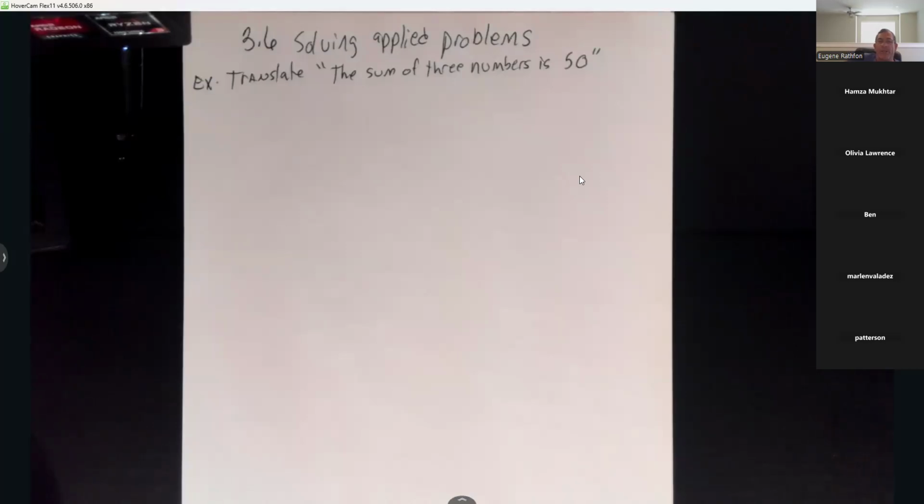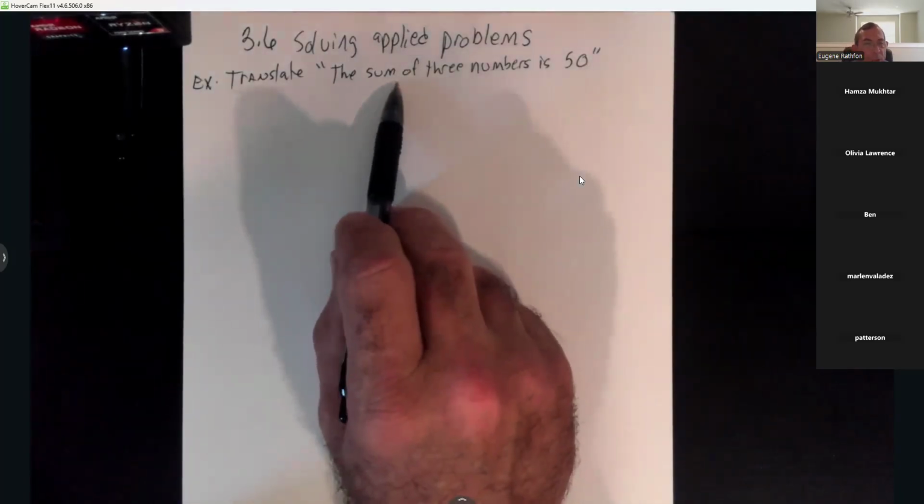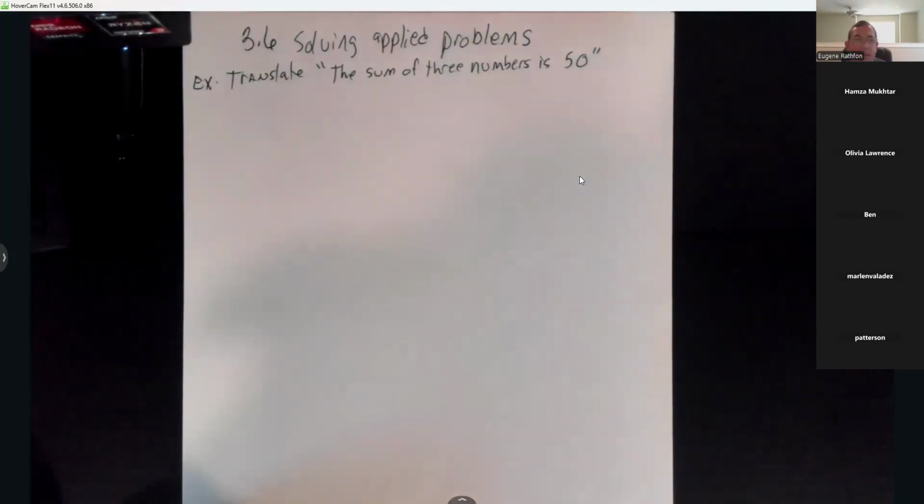Because remember, this is just a test to see if you can read math sentences and convert them into algebraic expressions. So let X, Y, Z represent the three numbers. Since they're saying the sum of three numbers, they mean these three numbers are being added.